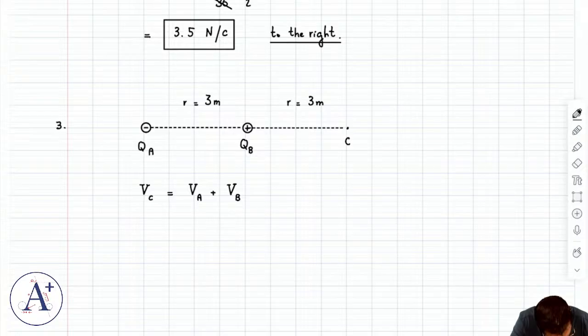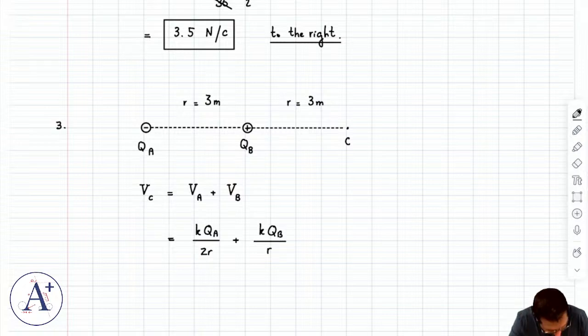Now that is going to be K QA divided by 2R plus K QB divided by R. And this time, the fact that QA is negative matters.